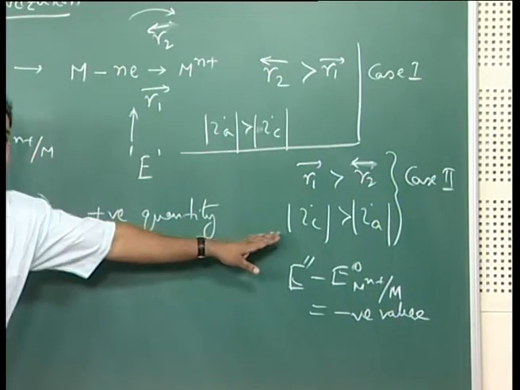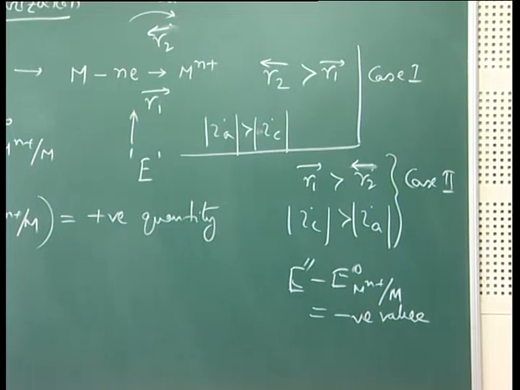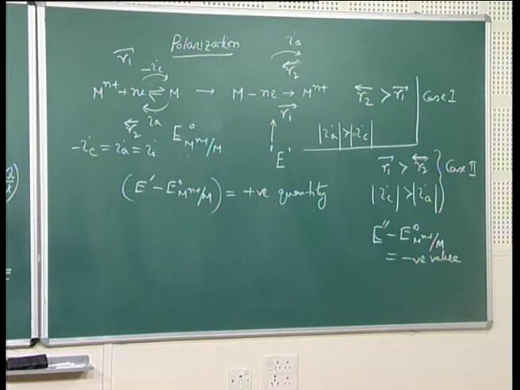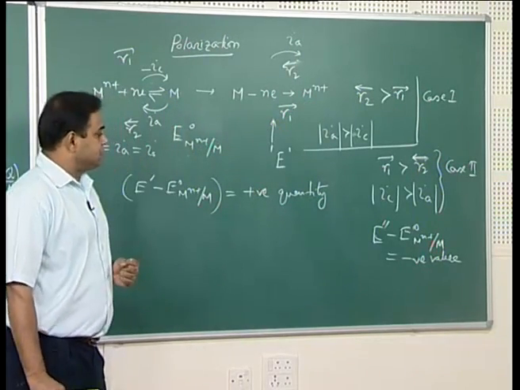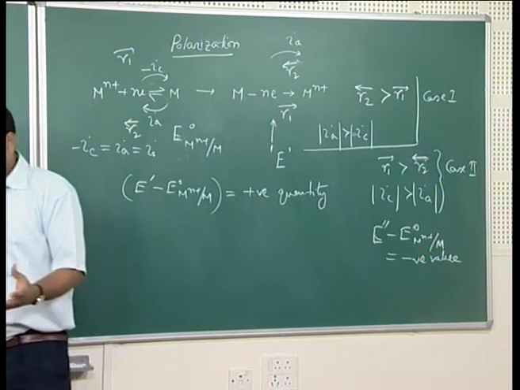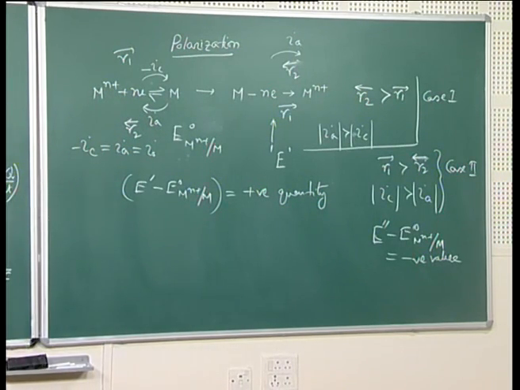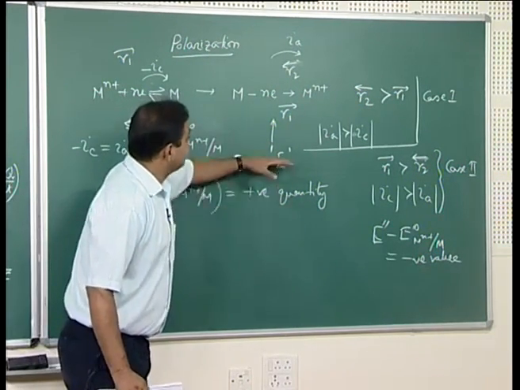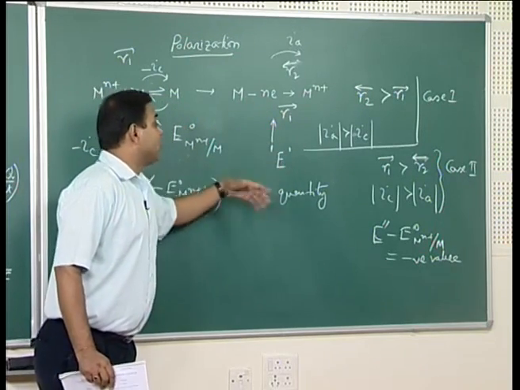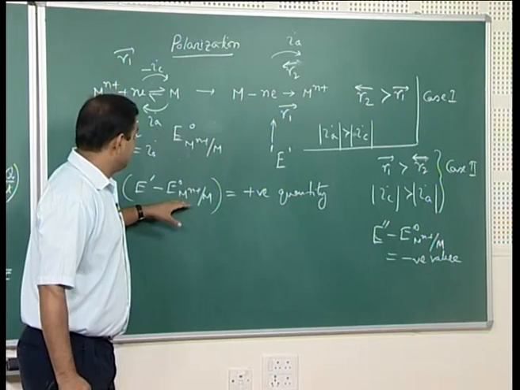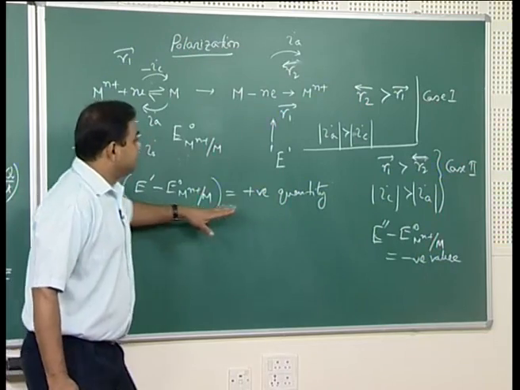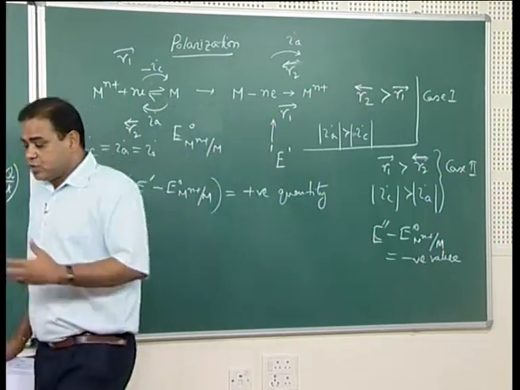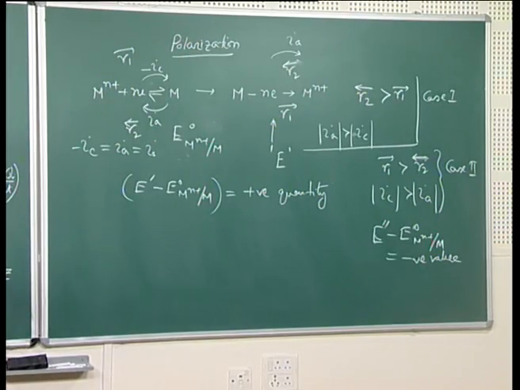That means, if you have the deposition or reduction reaction at a faster rate compared to the production reaction or the metal ion formation reaction, then the potential goes towards the negative side from the equilibrium potential. And who is the culprit for this shift of potential from the equilibrium value, positive or negative? For example, here the potential goes towards the positive side compared to the equilibrium potential. In this case, the potential goes towards the negative side.